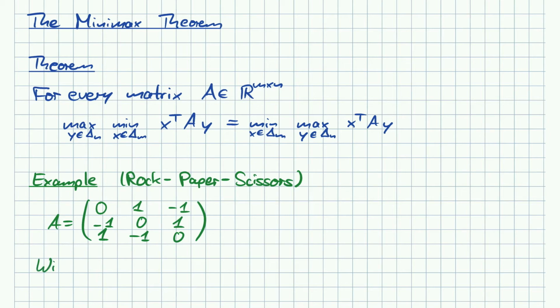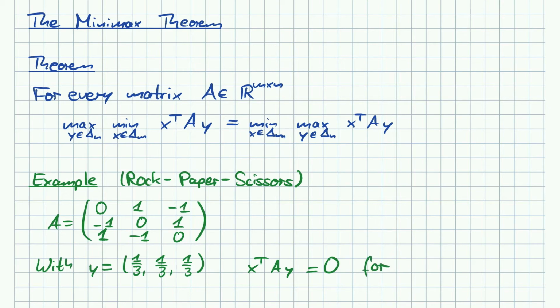So if we then set Y being a third, a third, a third, we would have that X transposed times A times Y, well, what do you get if you multiply this matrix with this vector, a third, a third, a third? It will always be 0.